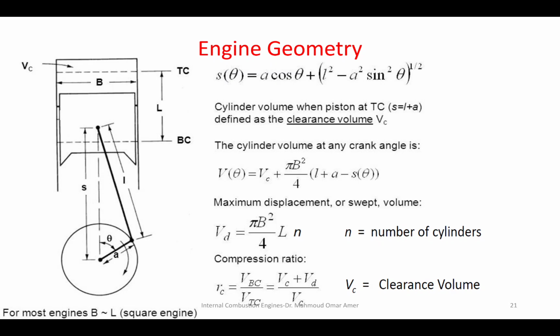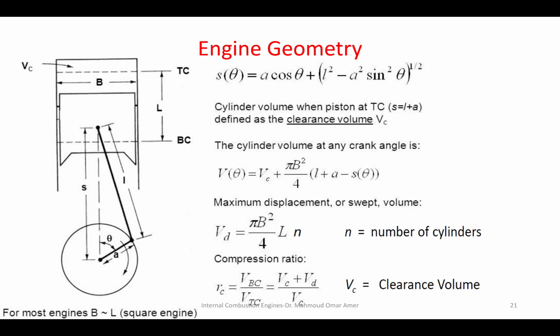So for the engine geometry, you see the first equations for the terminology. S is the vertical distance between the center of the piston and the center of the crankshaft. A is the crankshaft radius, L is the stroke, B is the bore diameter.